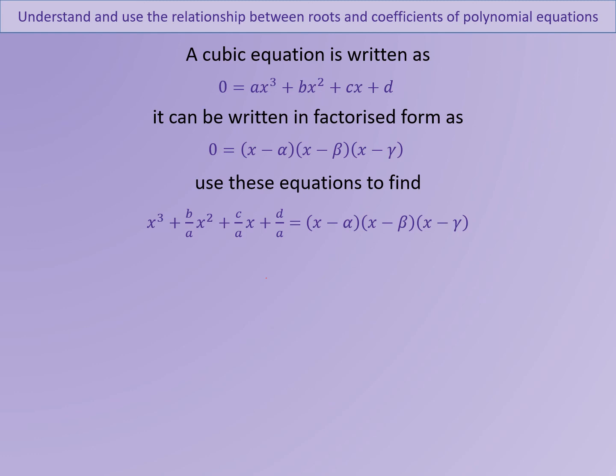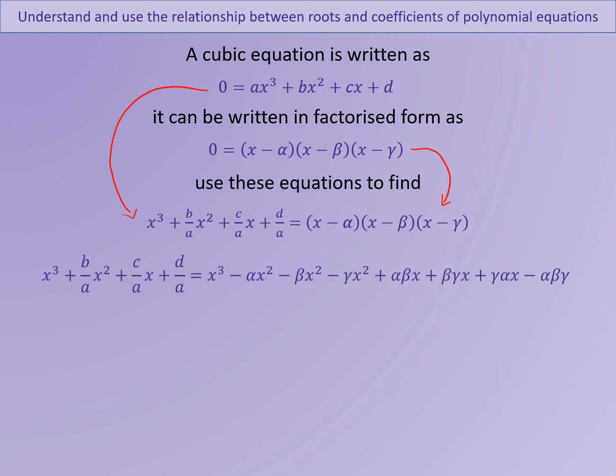So if we divide this first equation by a and set it equal to that second equation, just like we did when we were looking at quadratics, and multiplying out the right hand side, we can then gather this back together so we can start to compare the coefficients of the left hand side and the right hand side.